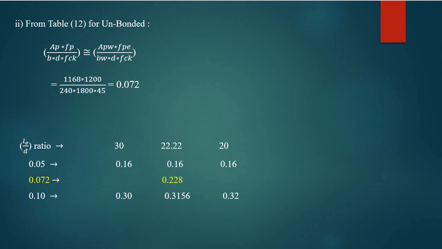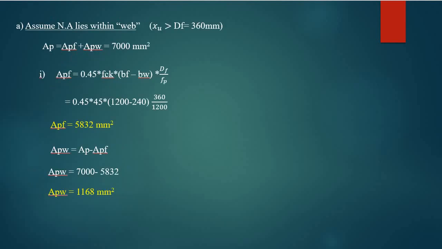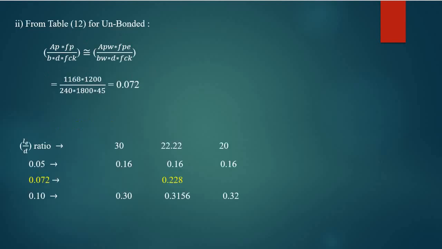So let me explain why I wrote it like this. We have assumed that the neutral axis is lying in the web. When the neutral axis is lying in the web, then AP will become APW and B will become BW, and FP will become FPE.